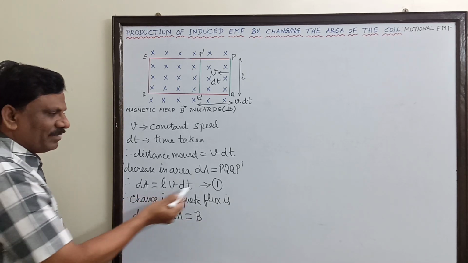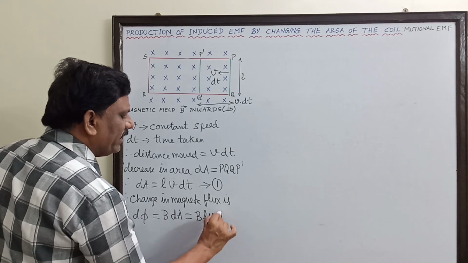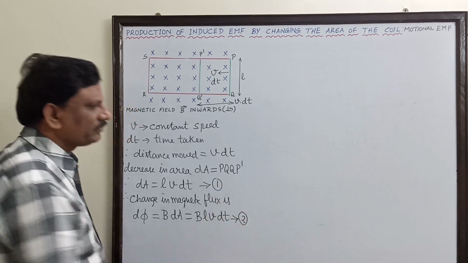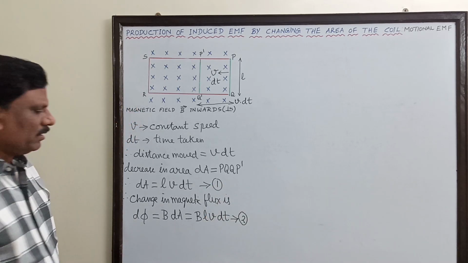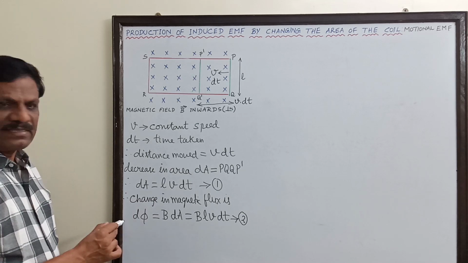What can be substituted from equation 1? L, V, dt. This is equation 2. Now this is the change in the magnetic flux.